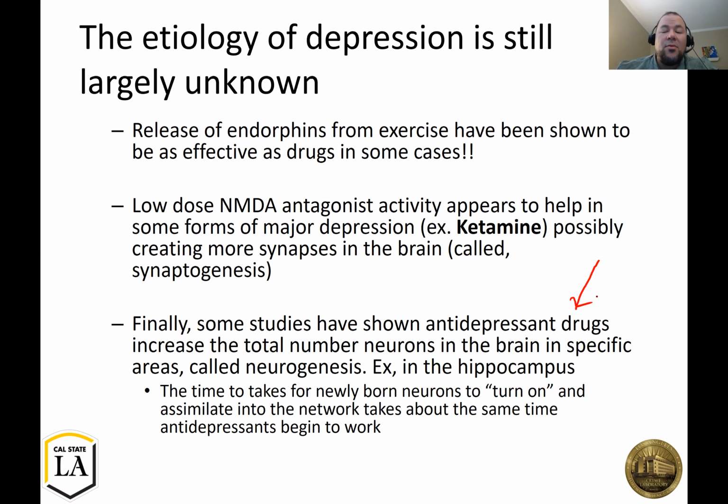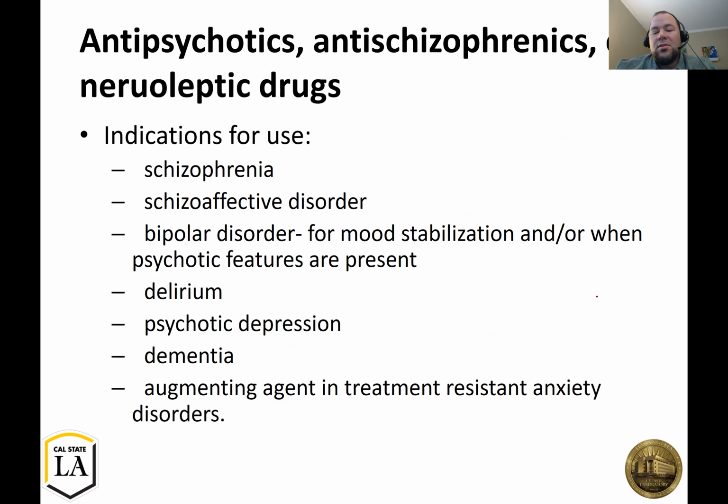It does take time for newly born neurons to turn on and incorporate and assimilate themselves into the network. And maybe it's what these drugs are doing, creating some synaptogenesis, creating neurogenesis. And so those are some other competing hypotheses of why these medications take a while to work, and how potentially they're benefiting overall.